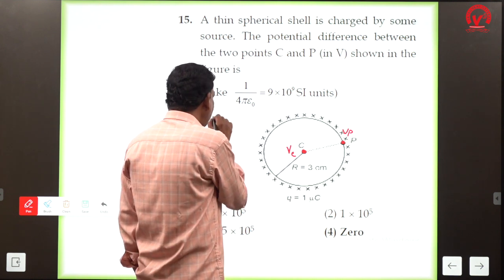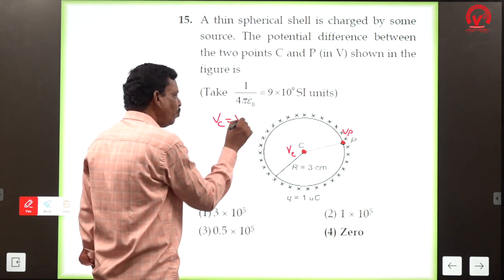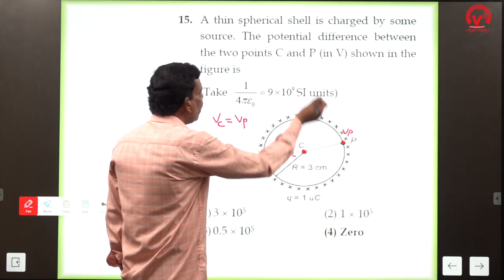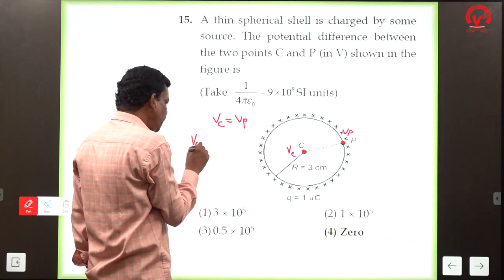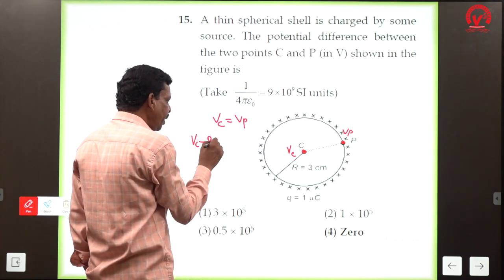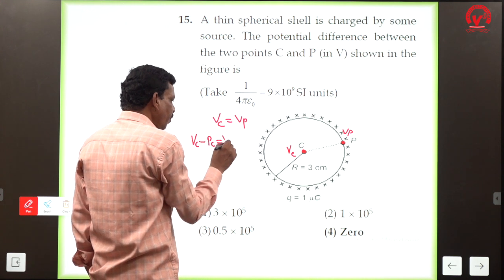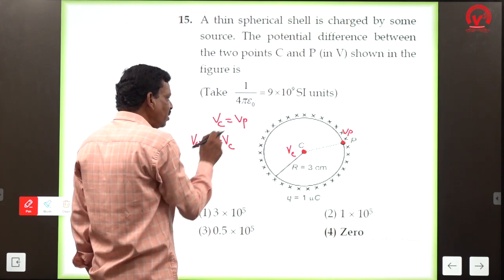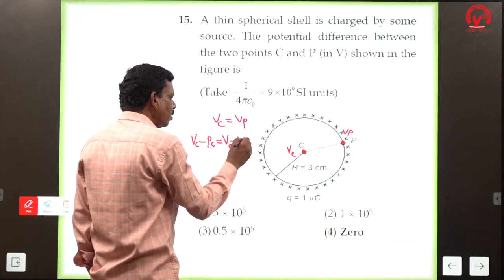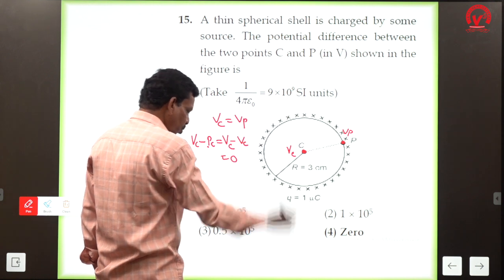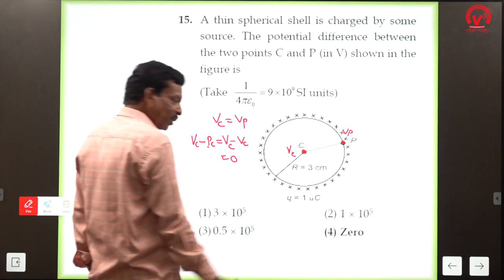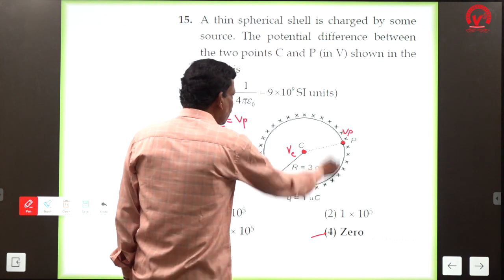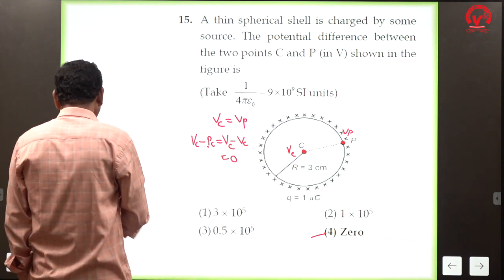That means VC is equal to VP. We require to find the potential difference, VC minus VP, which is VC minus VC, equal to 0. So the potential difference between these 2 points is 0.